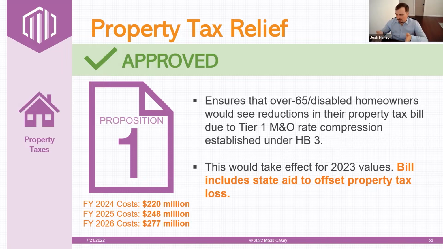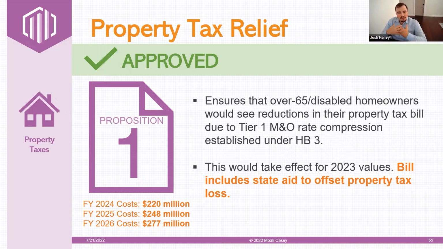So going back to my example, let's say I was frozen at $1,000. And if I wasn't 65, my tax bill would have been $3,000. With House Bill 3 tax compression, that maybe would have knocked that $3,000 tax bill down to say $2,800.